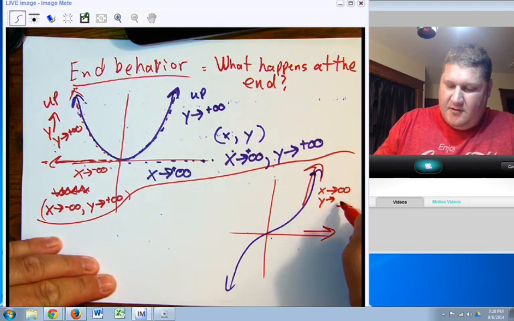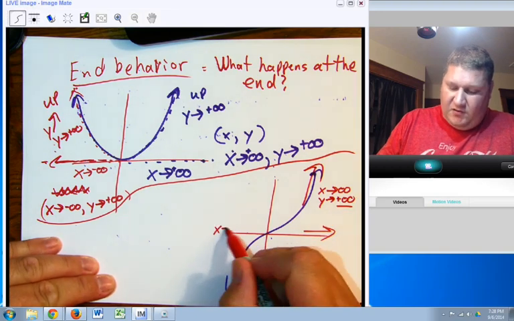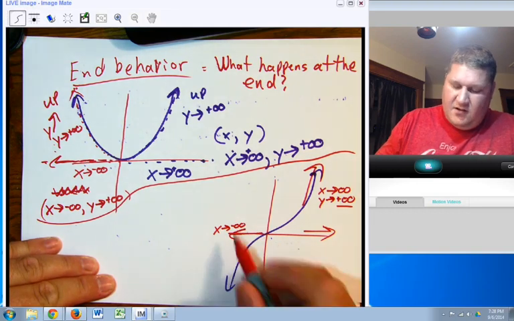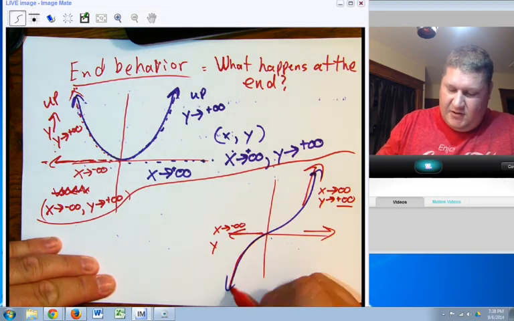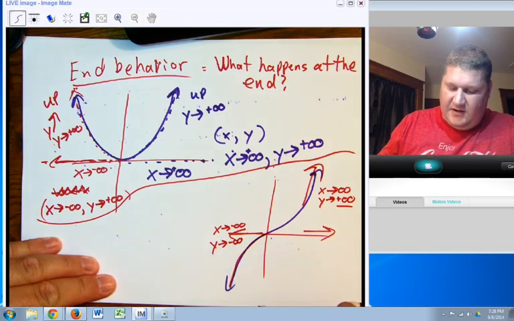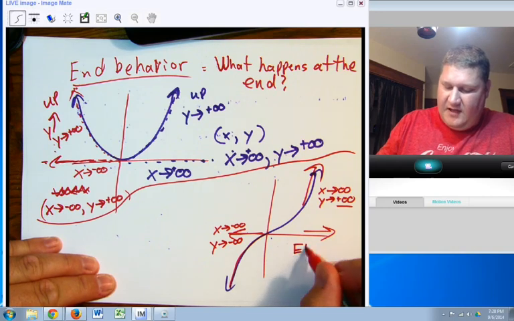Up. Positive infinity. Now, as x goes to negative infinity this way, y seems to be going down to negative infinity. So again, over here we would write end behavior.